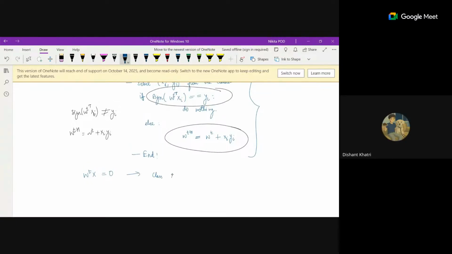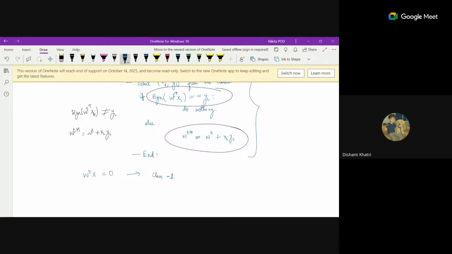Ma'am, if we put it as negative, will my W converge? If my W transpose X is 0 and I put it in the negative class, it will classify it as -1.